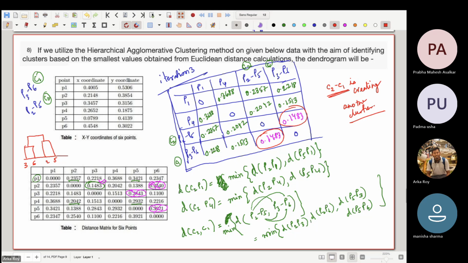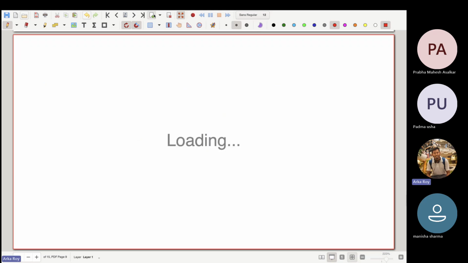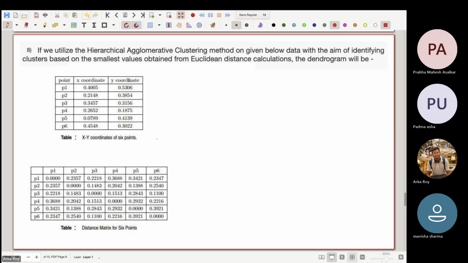Now if I further do this, because in general nobody asks these sort of questions, because this is very tedious to do. I don't know why they are giving these sort of questions. So P1 से लेके now let me just again write.